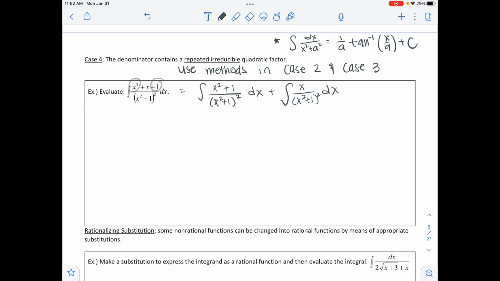So with thinking outside of the box here, I noticed that when I group together some of these terms, one of my x squared plus 1s would reduce out with the 1 in the denominator.